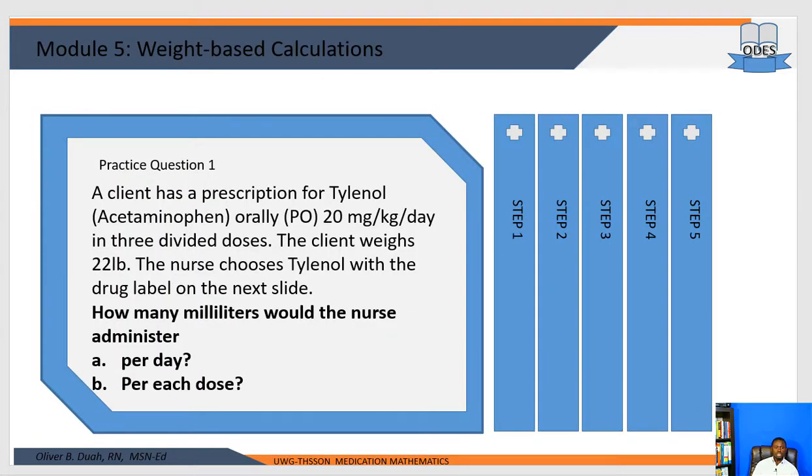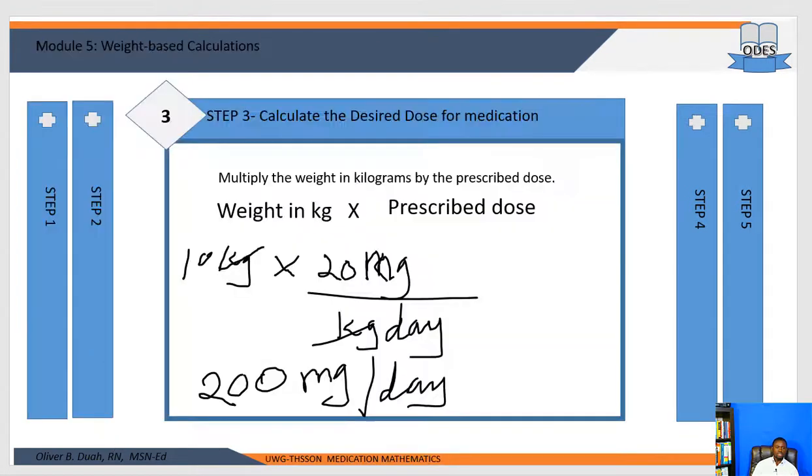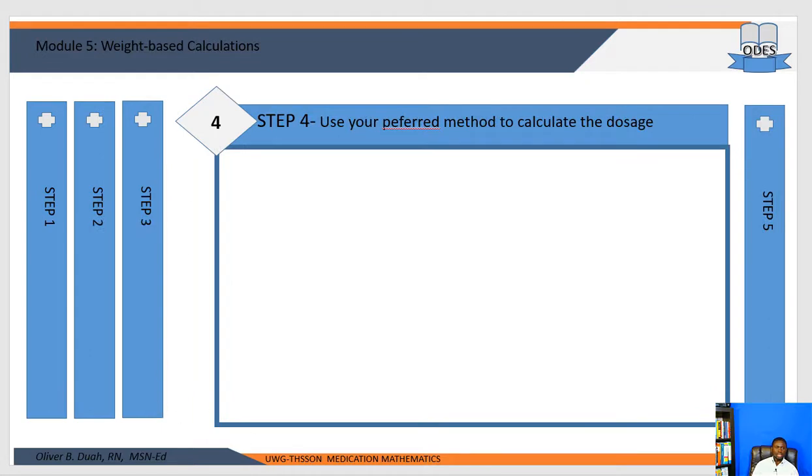And then the question says, how many ml would the nurse administer per day and per each dose? So now that we know this is our prescribed medication per day, we can use this to calculate for the ml per day.